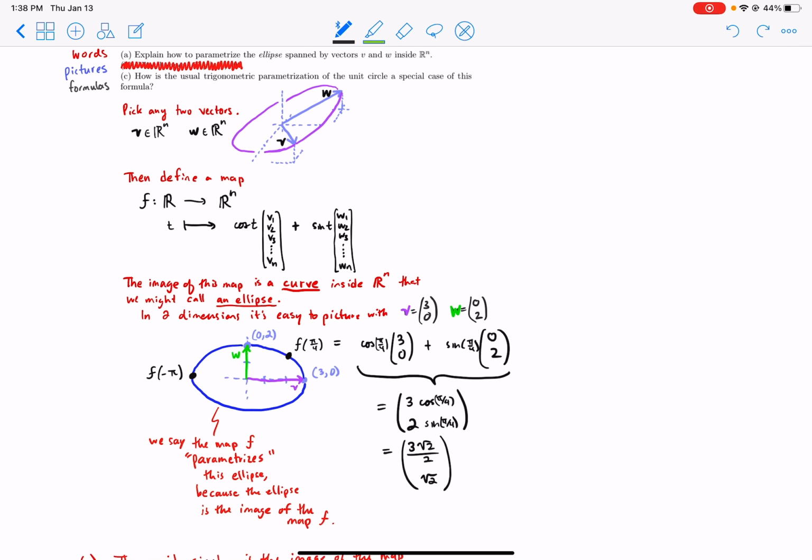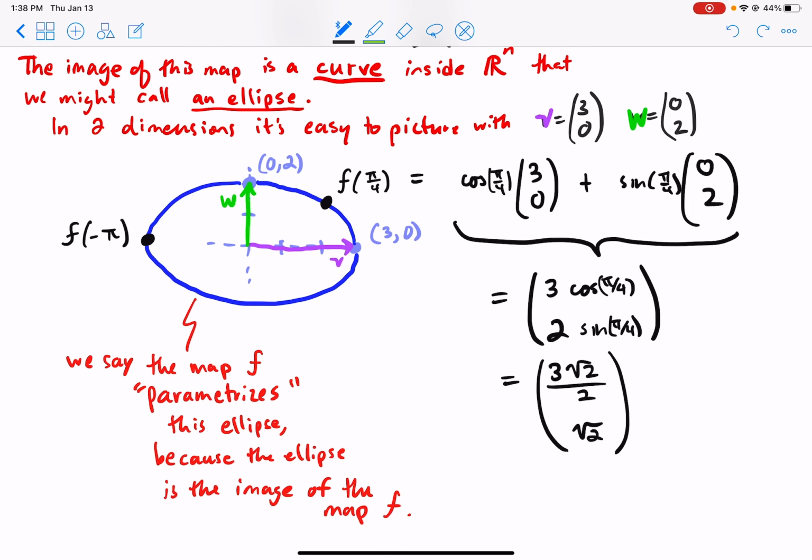Here's part A. Interesting. I gave some more details, especially here. I said that f applied to pi over 4 is this specific vector right here, which took some time for me to actually compute.